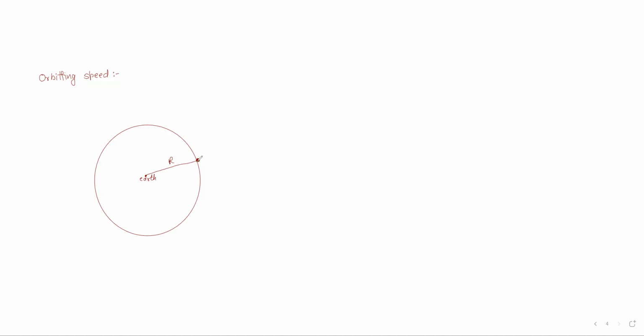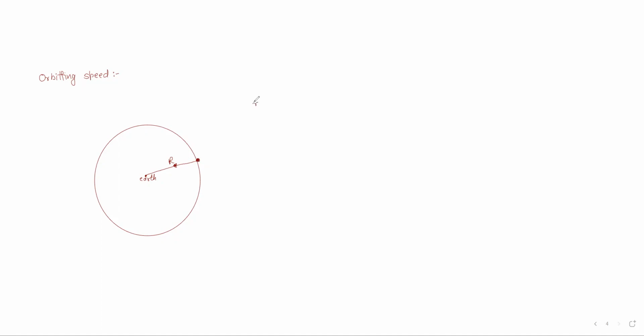It is experiencing, no doubt, the gravitational force, which is in the direction towards the center of Earth. And if it wants to orbit around the Earth, then the same gravitational pull works like centripetal force.